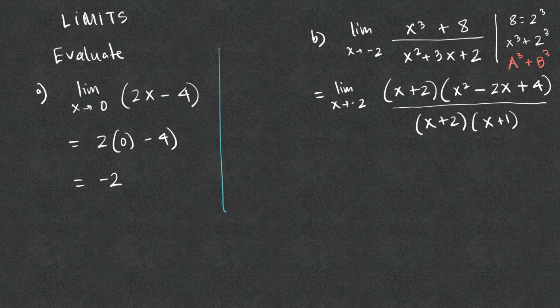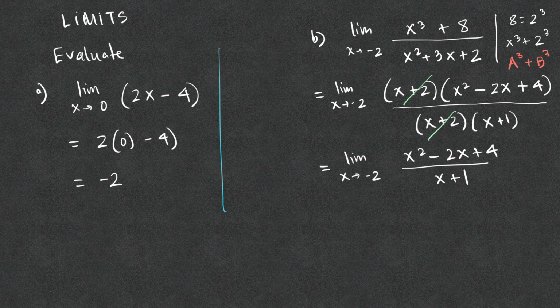We can cancel out the factor x plus 2 in the numerator and denominator. We have a new limit problem: the limit as x goes to negative 2 of x squared minus 2x plus 4 over x plus 1.